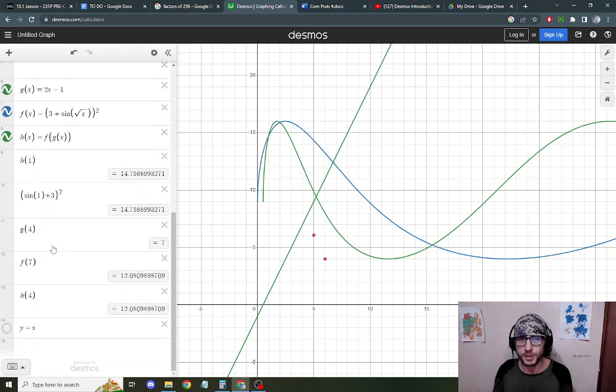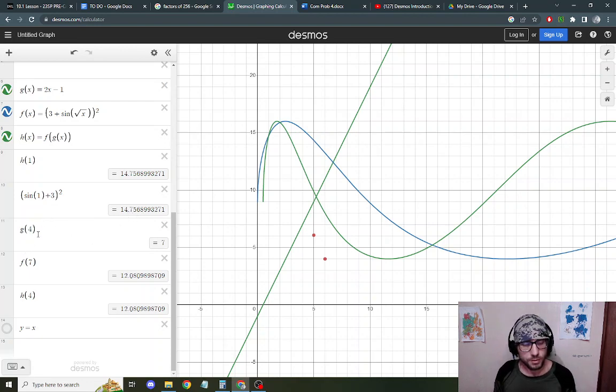You kind of have to use a bigger number to really look at stuff. But h of 1 is that same number there, 14.75. This here, which is basically saying the same thing as f of x, you get the same number.